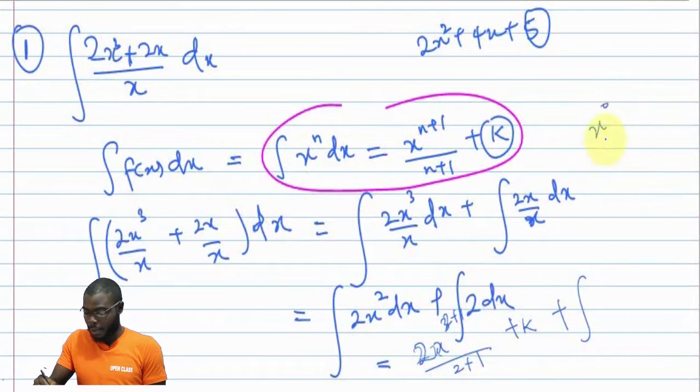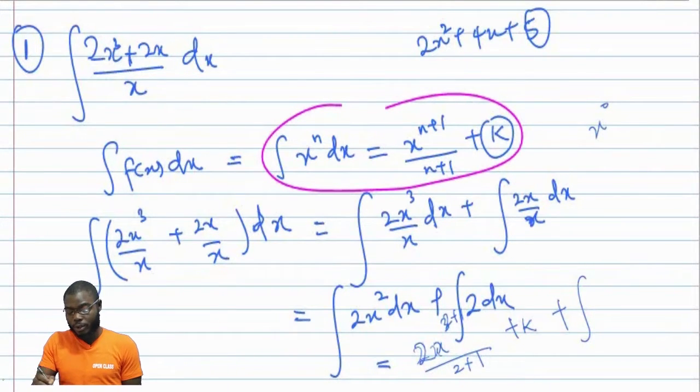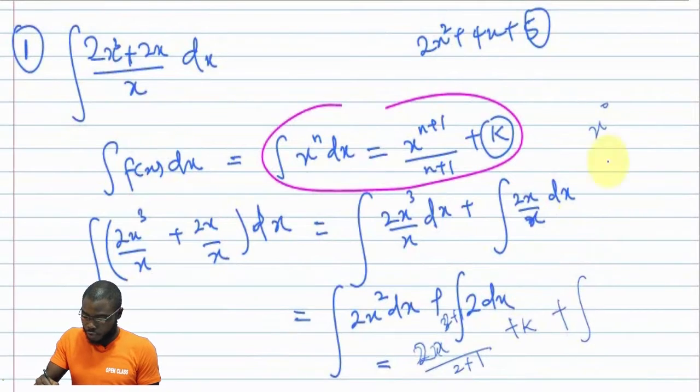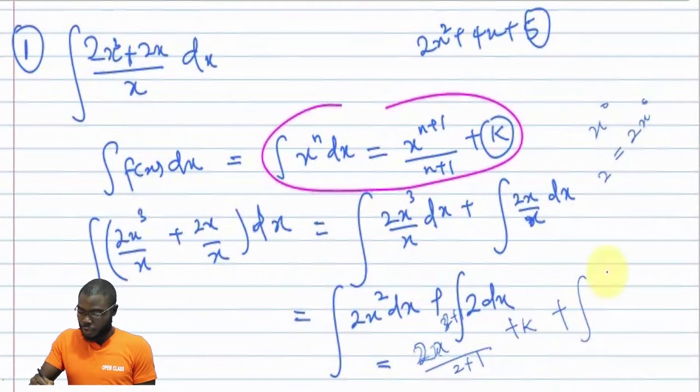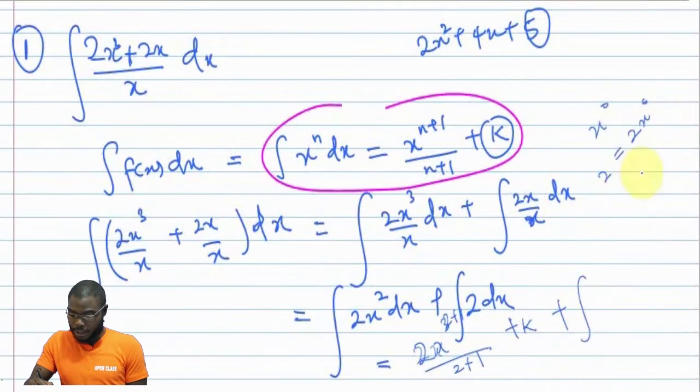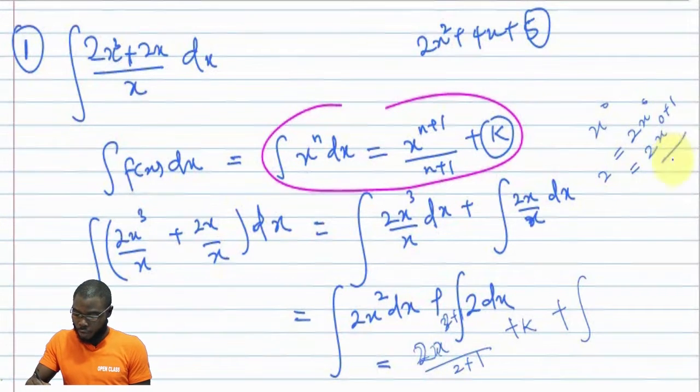x raised to power of 0. Remember in mathematics that any number to the power of 0 apart from 0 is what? Is 1. So we would assume that 2 is the same thing as 2x raised to power 0, such that when we integrate it, we are going to have 2x raised to power 0 plus 1 all over 0 plus 1. So this invariably will give us 0 plus 1 is 1.